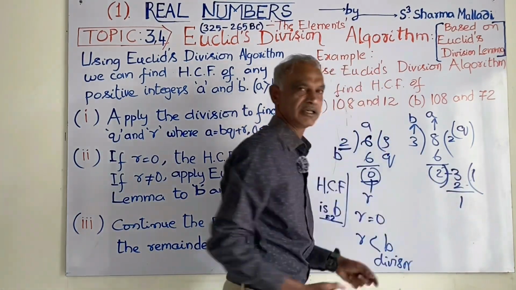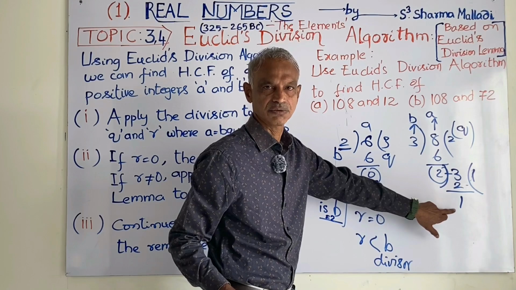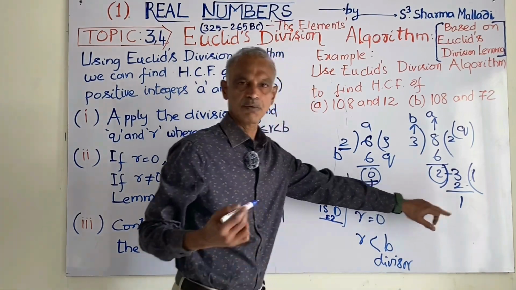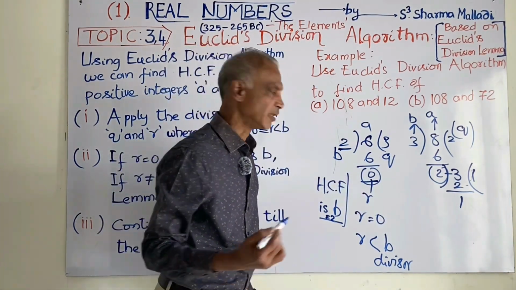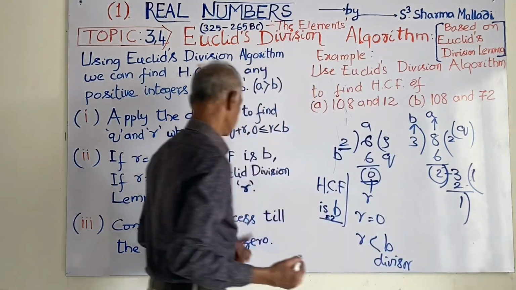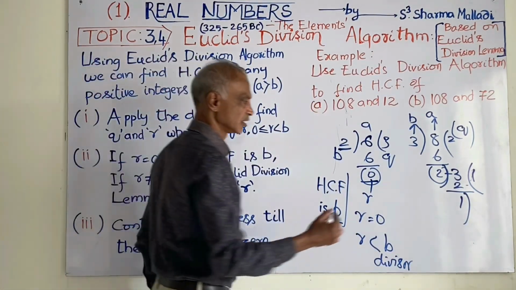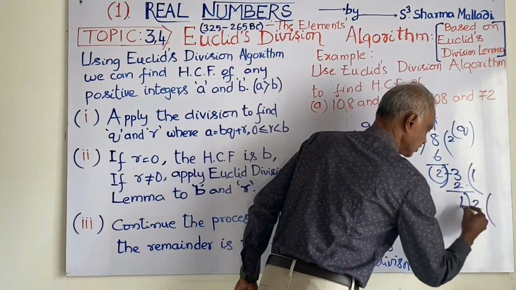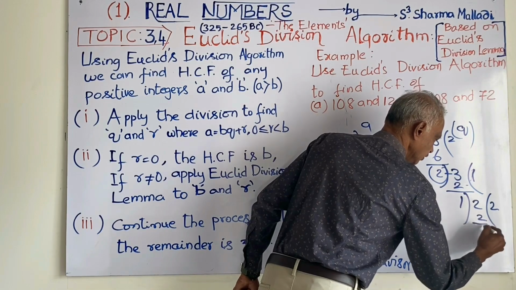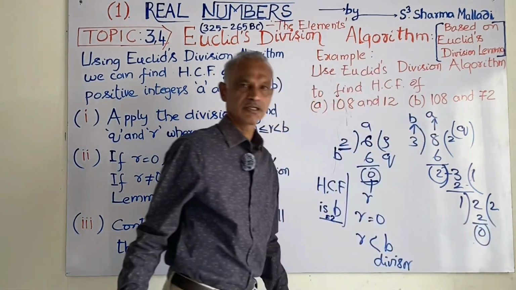The remainder is 1. Again we are not getting remainder 0, so again we apply Euclid's division lemma to B and R, that is 2 and 1. 1 two is 2, and we get remainder 0.